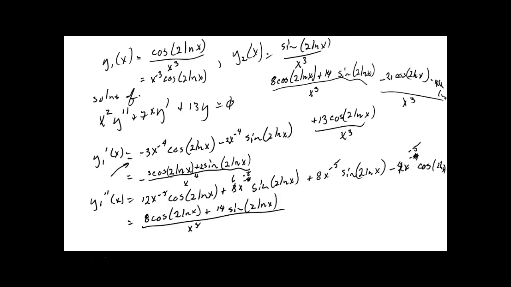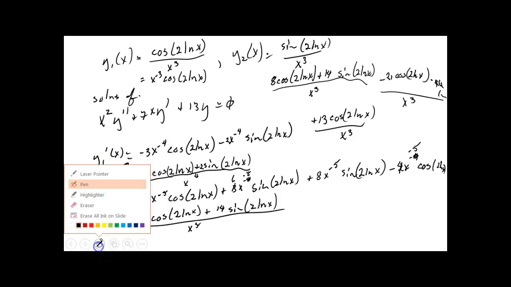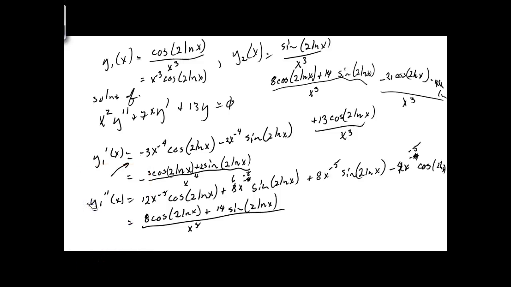Now, what we need to do is do the Wronskian. Some of this we need and some we do not. I'm trying to find my eraser here. Okay, we need the y's, and we'll leave it in that form.